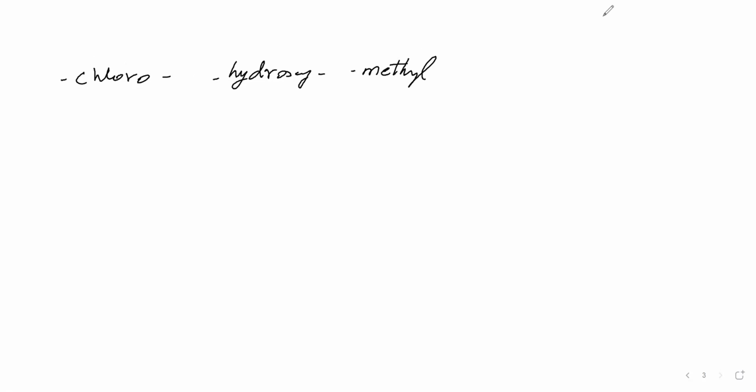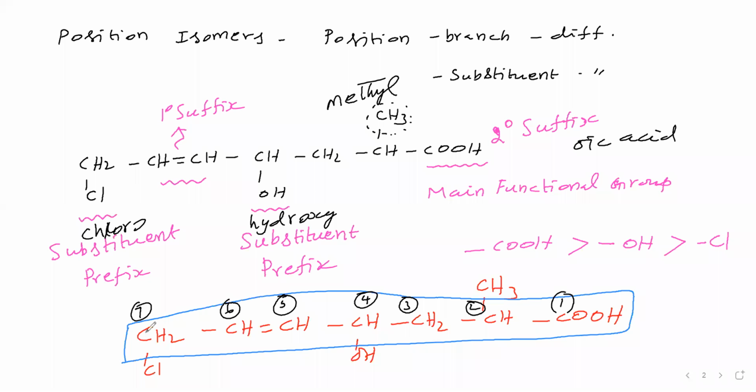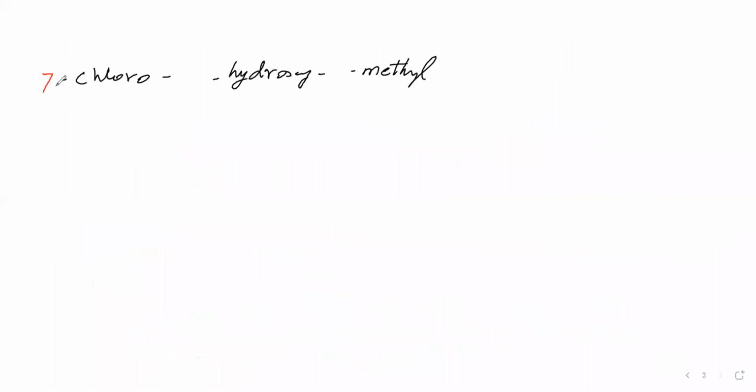Next we will say the position of the prefixes. What is the position of chlorine? 7. OH position 4. Methyl 2. Okay, chlorine position 7, OH position 4, methyl position 2.